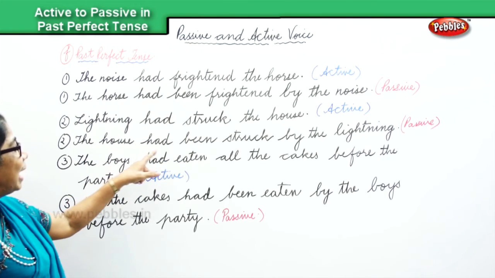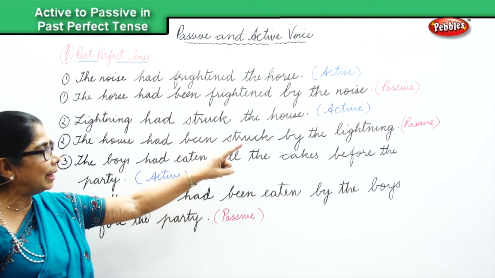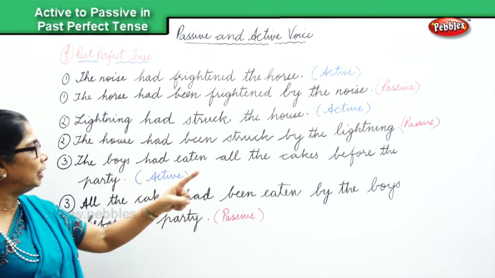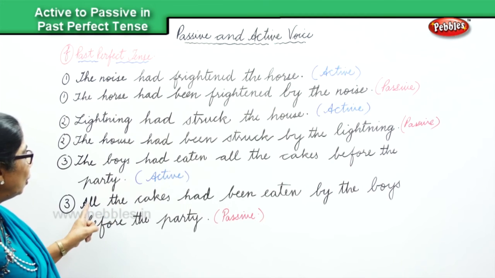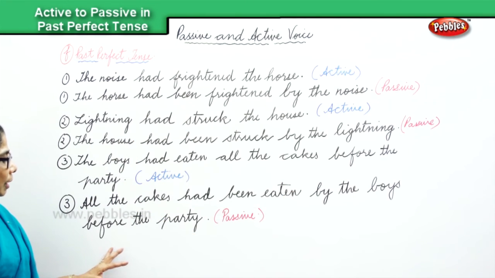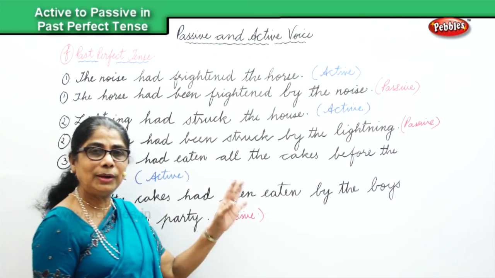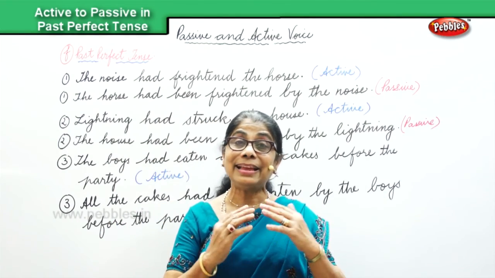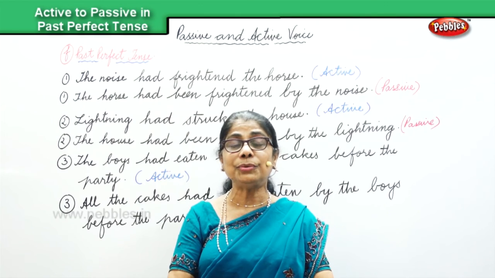The house had been struck by the lightning, passive. The boys had eaten all the cakes before the party, active. All the cakes had been eaten by the boys before the party. So we looked at, so far, the past perfect tense, learning to change from active to passive.